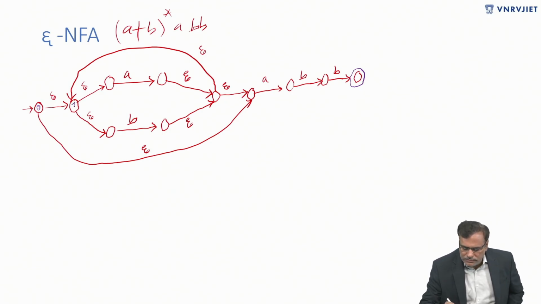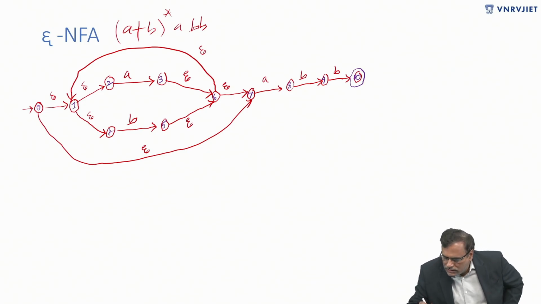This is state 1, this is state 2, this is state 3, this is state 4, this is state 5, 6, this is state 7, this is state 8, this is state 9, and this is state number 10.